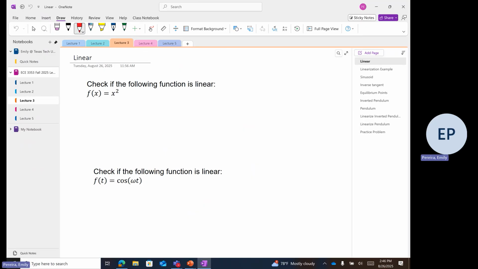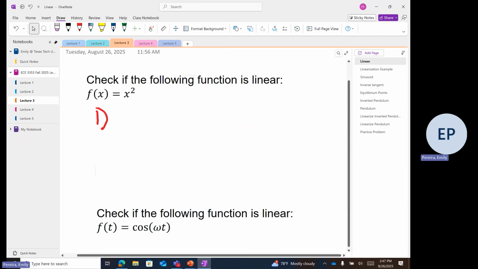So how do we start? Okay, I'm ready. All right, so we start by checking either additivity or homogeneity, right?